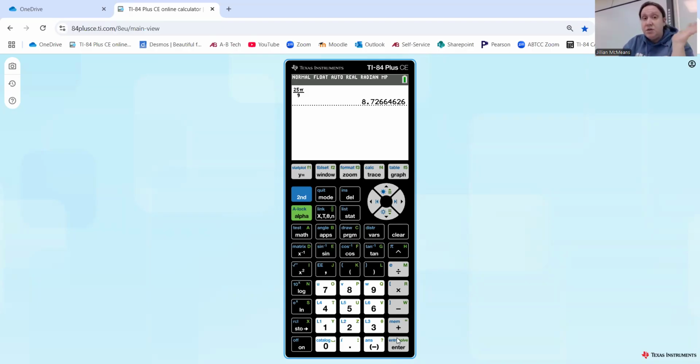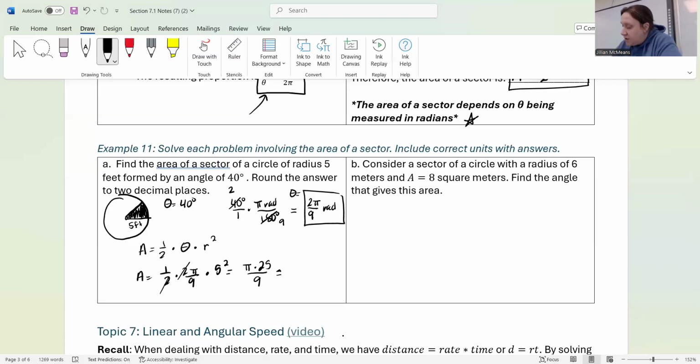Looking at this, the 2 we round up because to the right of it is a 6, so we get 8.73. So over here, we would say this is approximately 8.73. Now we're dealing with area and our unit of measure was feet, so it's 8.73 square feet. All right, so that's the area of that darkened pie piece.